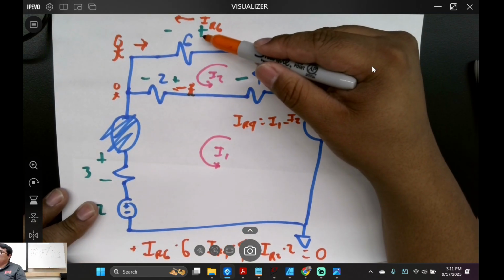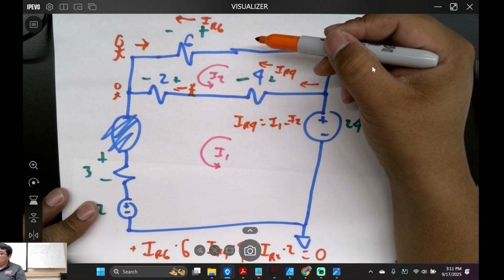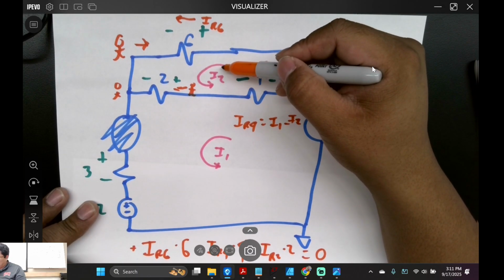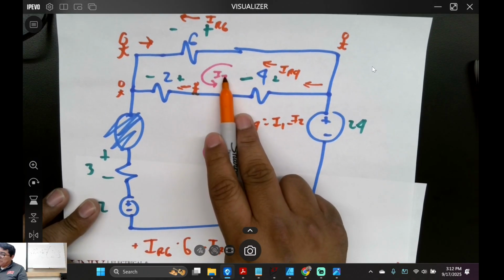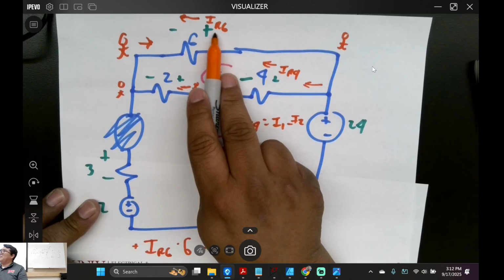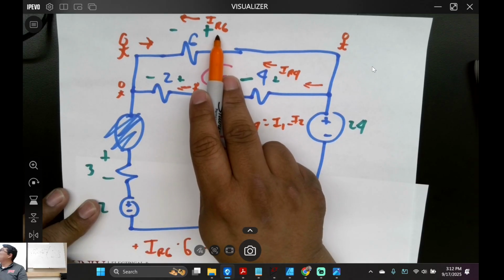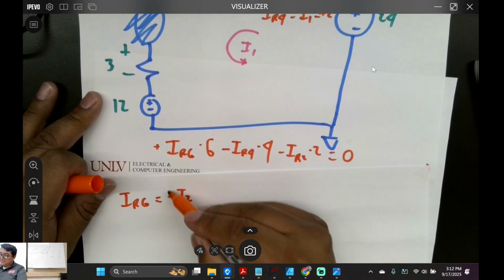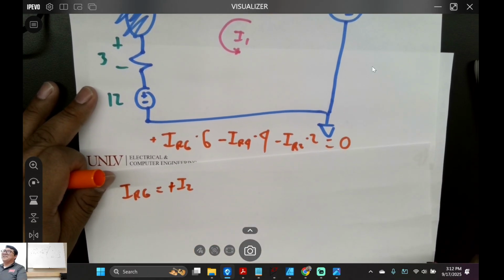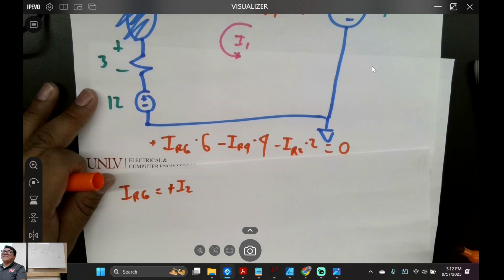So IR6, I just labeled it as plus to minus. But wait a second. I2 is going with IR6, so that means I'm wrong right here. It should actually be plus. Did everyone catch my mistake?